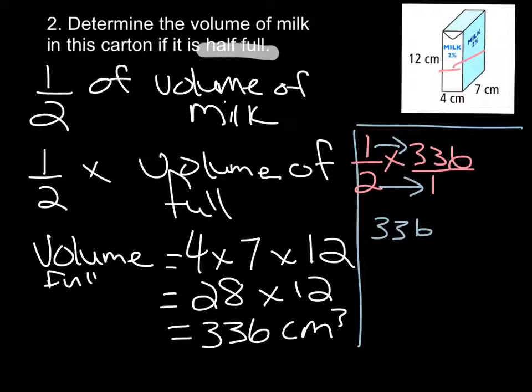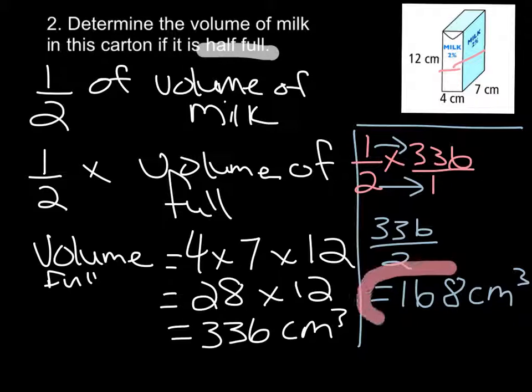So 336. 2 times 1 is 2. So that's why when I said, we can divide by 2, that's why we're dividing by 2. So 336 divided by 2 is 168 centimeters cubed. And that's our final answer. So I'm just going to circle that.